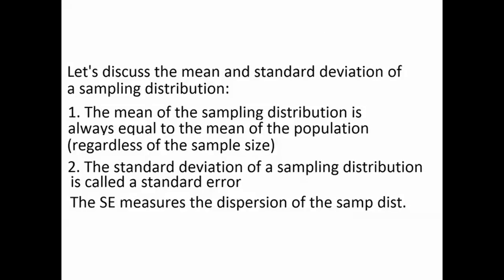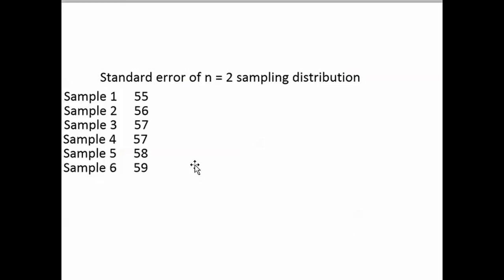In our first example, we'll calculate the standard error of the sampling distribution that we looked at earlier, which was the means of all possible samples of 2 people that could be selected from that population of 4 people. These are just the 6 sample means that we looked at earlier. Each one was the mean of a combination of 2 people.